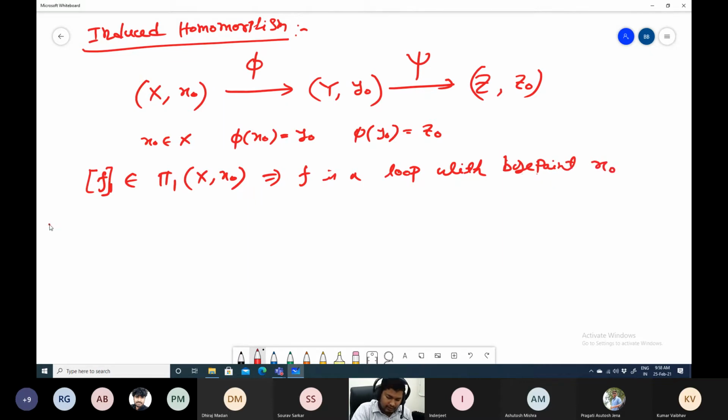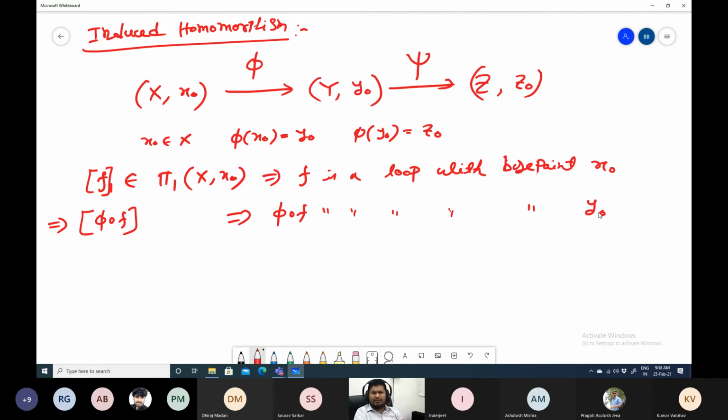Now if you apply your phi, what will be that phi composition f? Now f is a loop with base point x0, so that will imply phi composition f is a loop with base point y0.